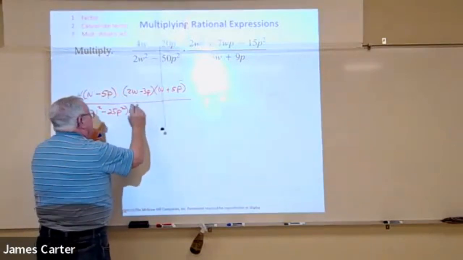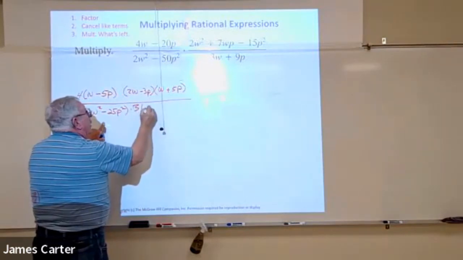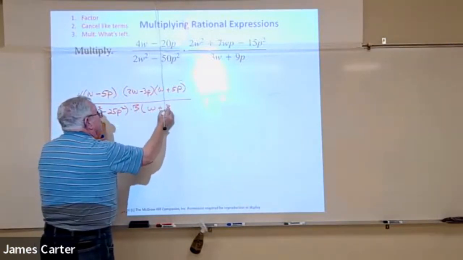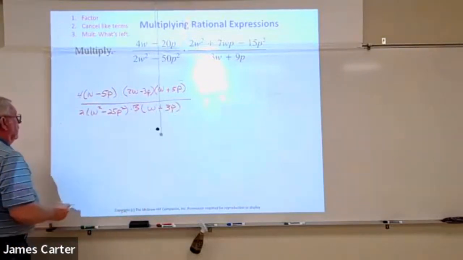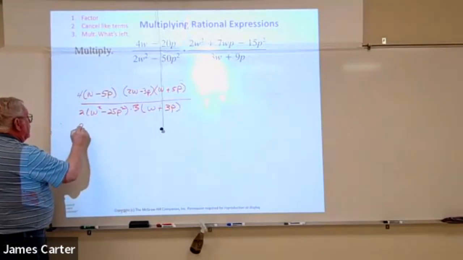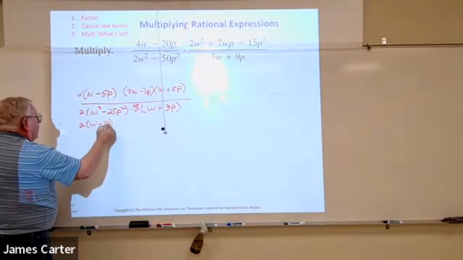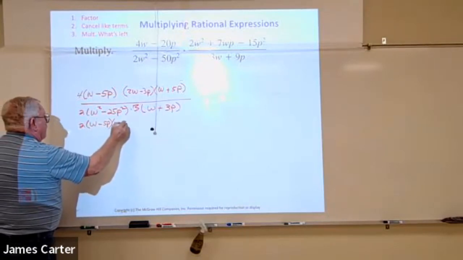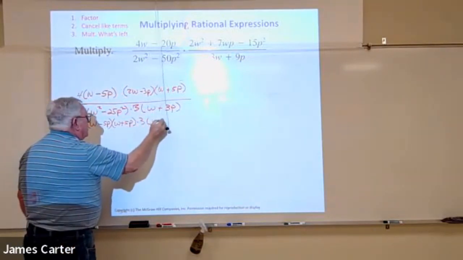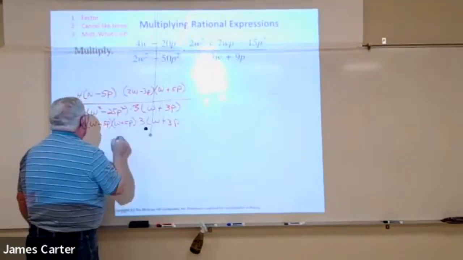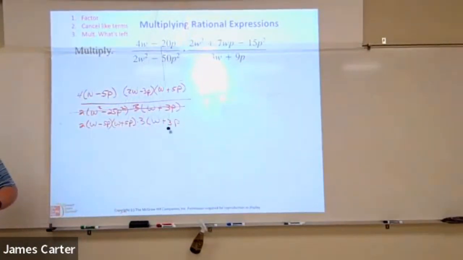And the other one I can take a 3 out of and get W plus 3P like that. Now I got to go ahead and break this down further into W minus 5P, W plus 5P times 3 times W plus 3P. Okay, I'm going to just do it that way instead of rewriting the whole thing.